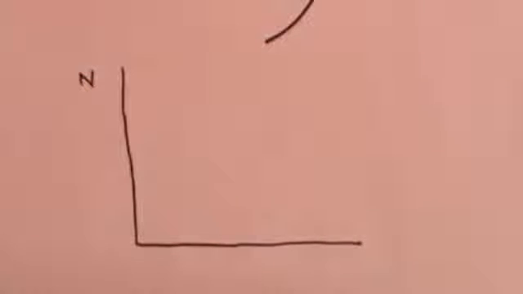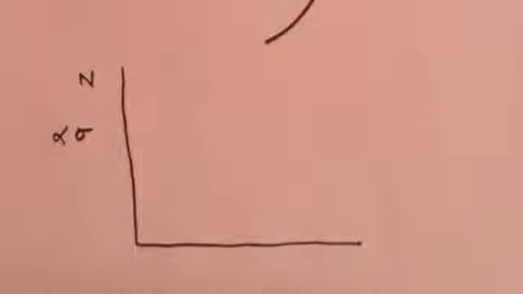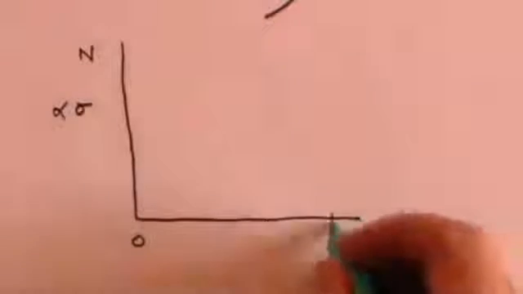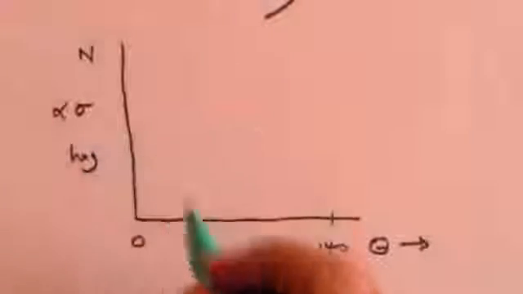This is the number of alpha particles at a particular angle, and that of course is going to be, as it were, proportional to the cross-section. And this is the angle theta increasing in this direction. So this is 0 degrees and this is about 140 degrees. And this is what's called a log scale.